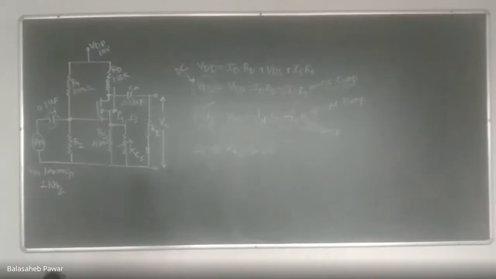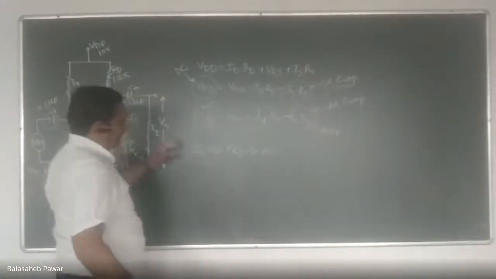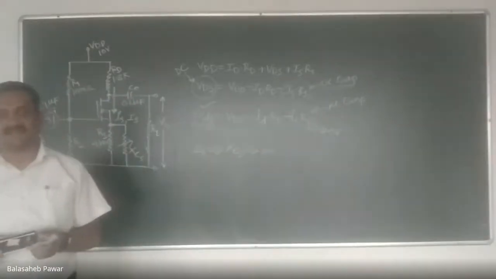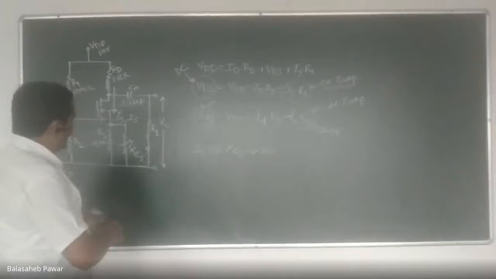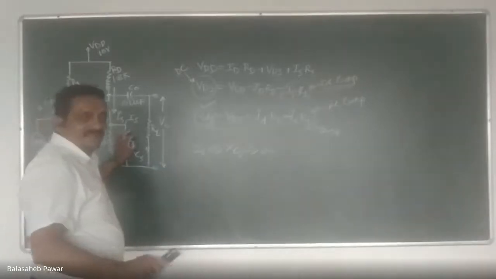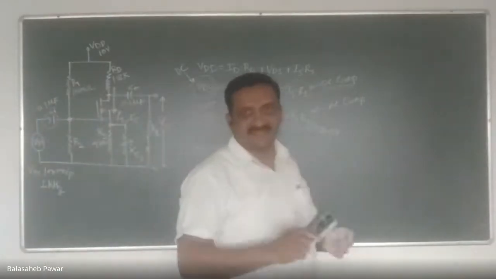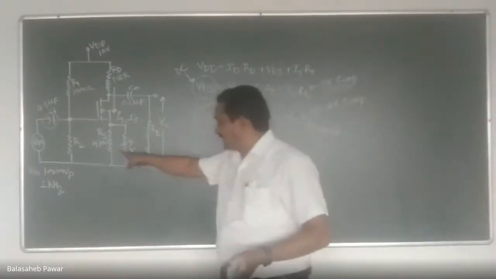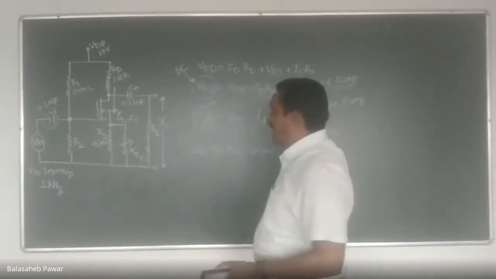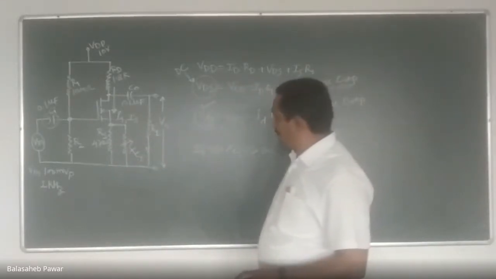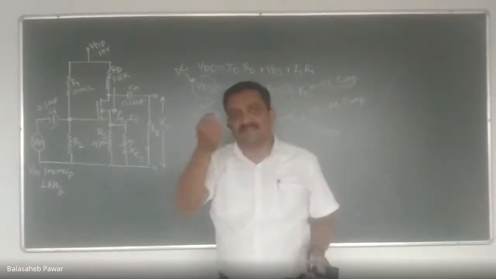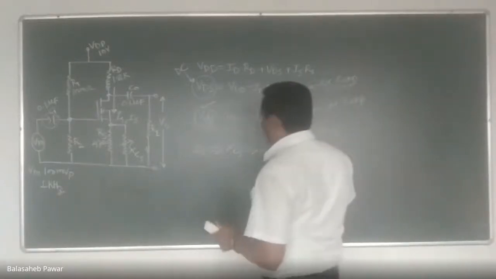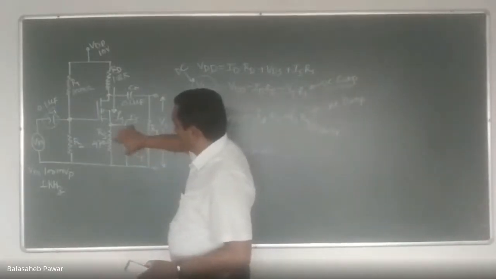Infinite reactance means the capacitor acts as open, so there will be no flow of DC current. The only path remaining for that DC current is through resistor Rs, and there will be a DC drop, capital Is into Rs, which is useful for the VGS Q. Agree?